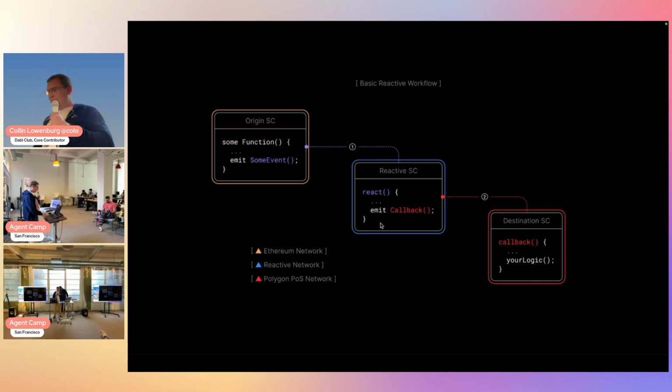Optionally, it can emit the callback that will be called on your destination chain. The destination chain may be the same as the origin chain, for instance Ethereum mainnet, or it may be a different chain, for instance Base mainnet. And this allows you to create some interesting things that I'm going to speak a little bit more about.